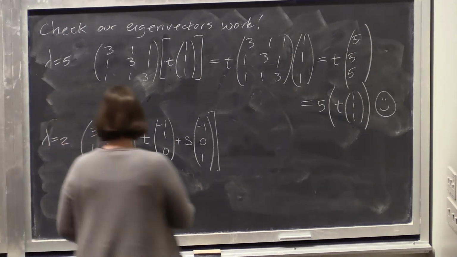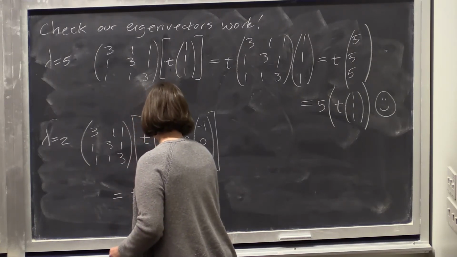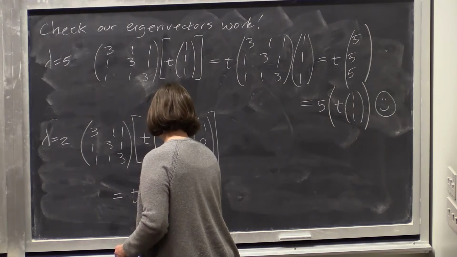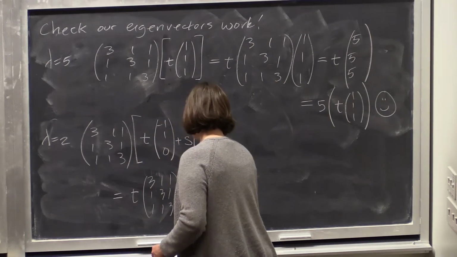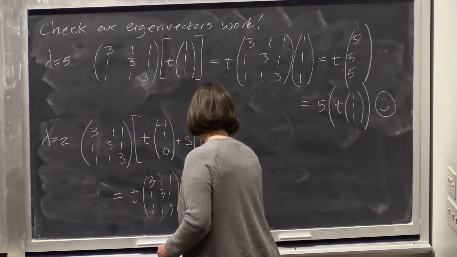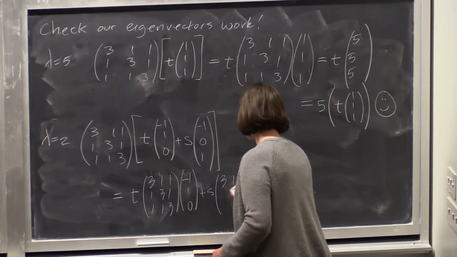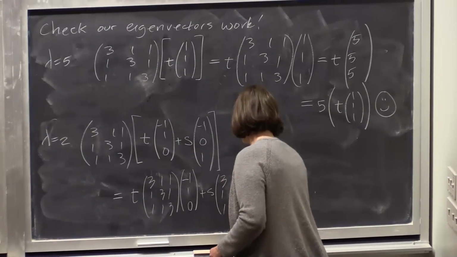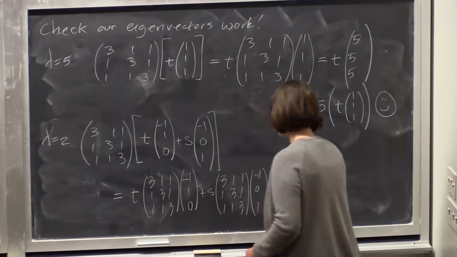This is going to give me t times the matrix times minus 1, 1, 0, plus s times the matrix times minus 1, 0, 1.